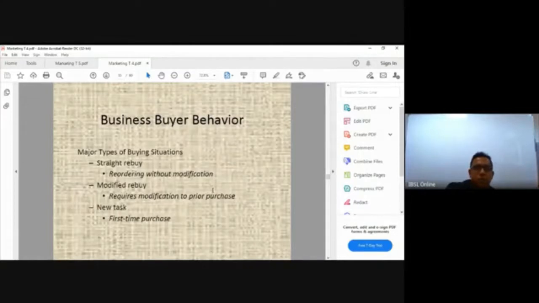So for business buyers, there are different types. Straight rebuy, you just keep buying certain things, say stationery. Modified rebuy, with some adjustments you buy, maybe computer accessories and various things. And new task, a first time purchase.